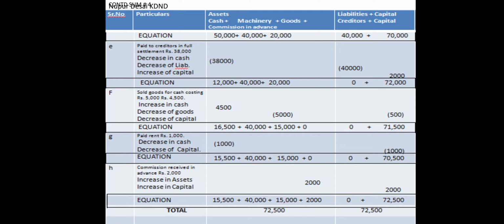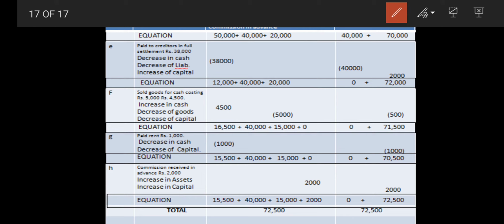Goods is already 20,000 standing, so 5,000 we are going to decrease. Then 4,500 increase in cash because we are getting ready cash, and 500 is a loss we are going to minus from capital. So your equation is again set up. 16,500 plus 40,000 plus 15,000 plus 0, and here 71,500.